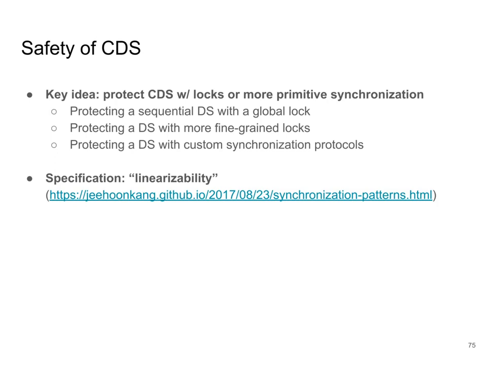An even more scalable approach is protecting a data structure with very custom synchronization protocols. At a later stage of this semester, we are going to study such synchronization protocols and fine-grained concurrent data structures.